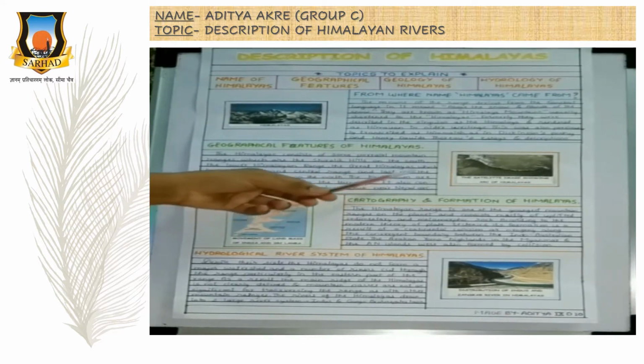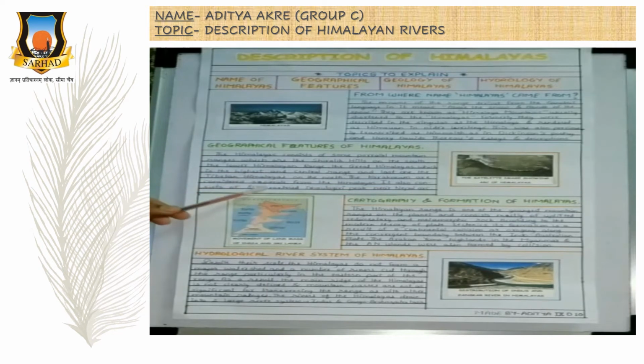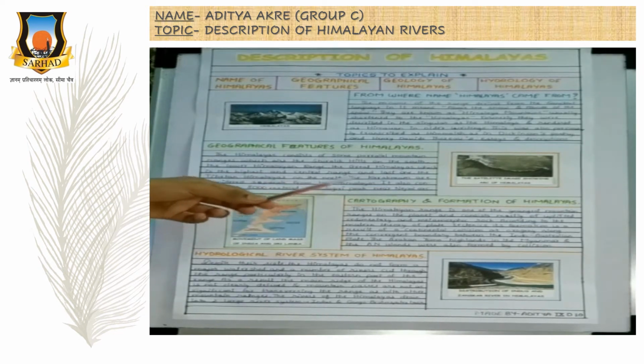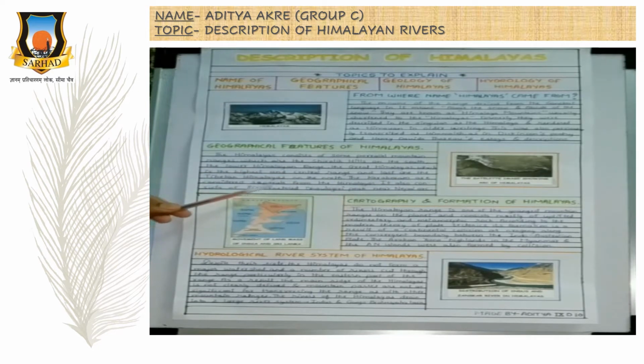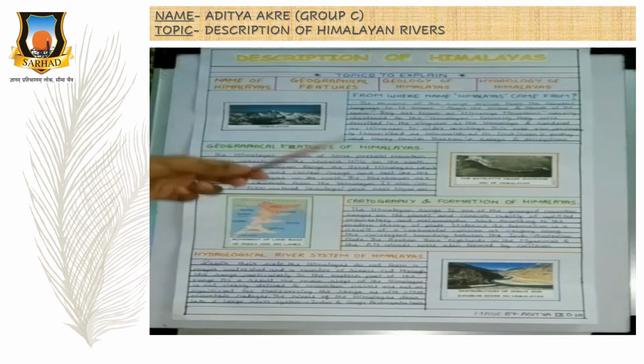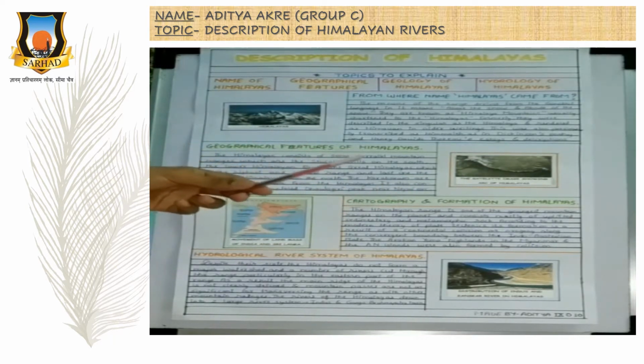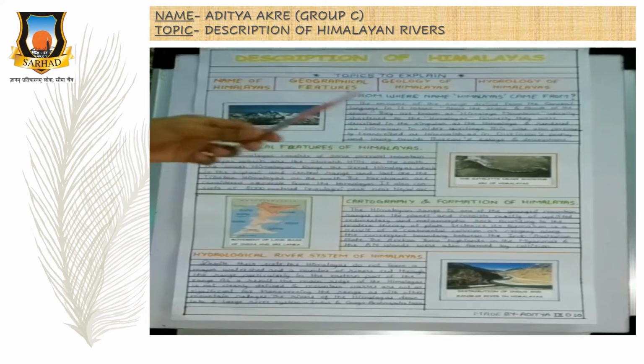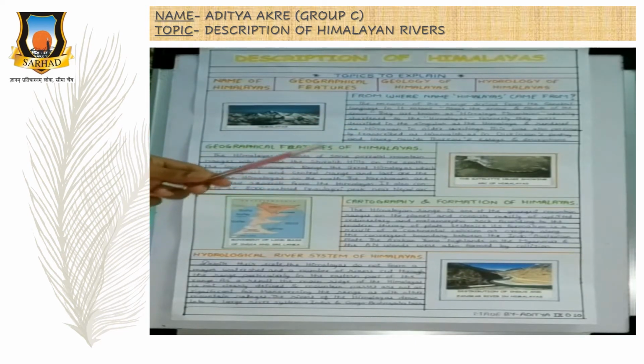The Karakoram is considered separate from the Himalayas. It also consists of some 8,000 meter peaks like Dhaulagiri near Nepal, which means the range of Himalayas is covered with some of the biggest mountains.